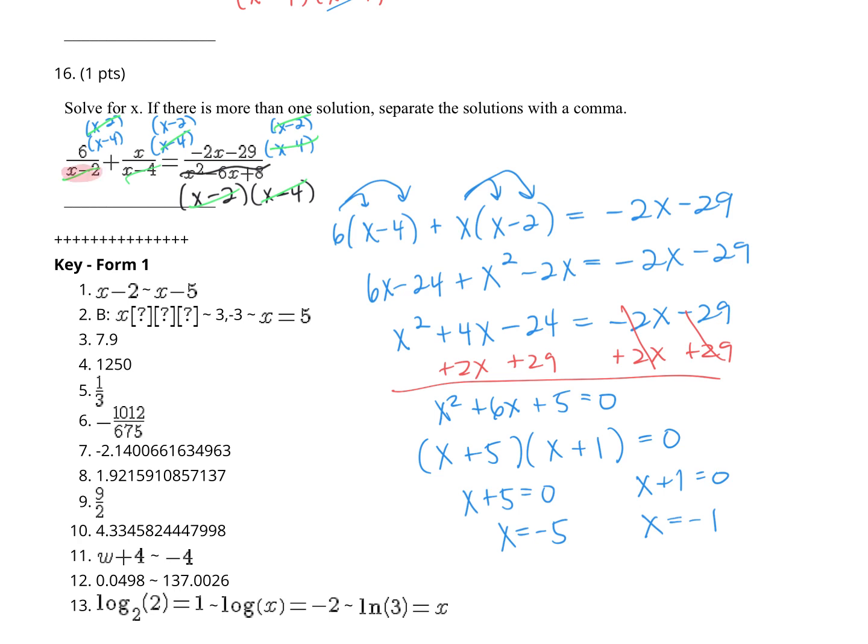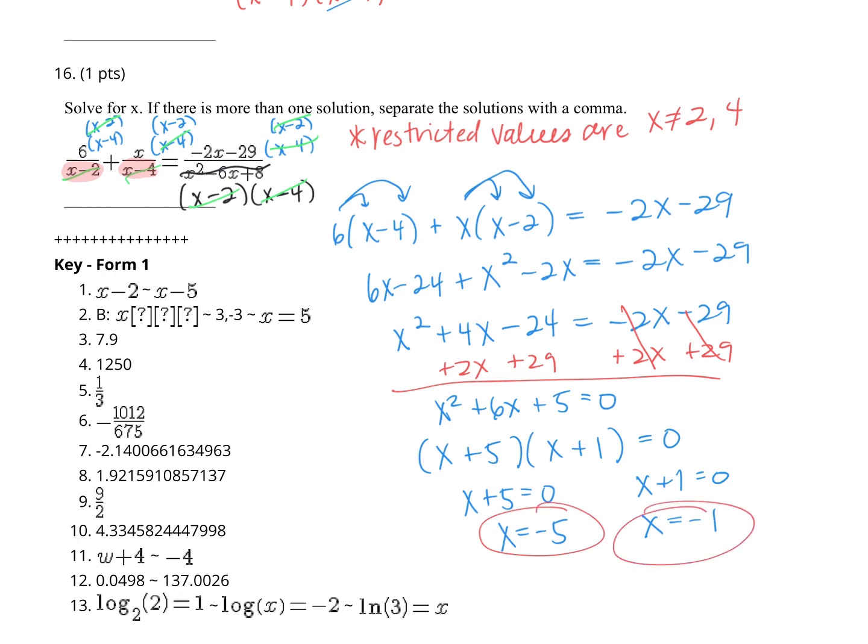So here, that would be a 2, and here, that would be a 4. So your restricted values are 2 and 4. We didn't get those. We got negative 5 and negative 1. So both of those answers are okay. So both of these would be your answer.